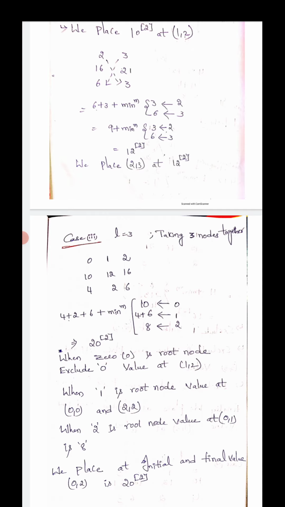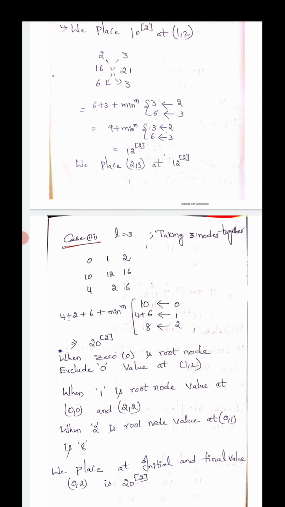Listen carefully, excluding means removing it. From root node 0 we place 10, from root node 1 we place 4 plus 6, and from root node 2 we place 8.